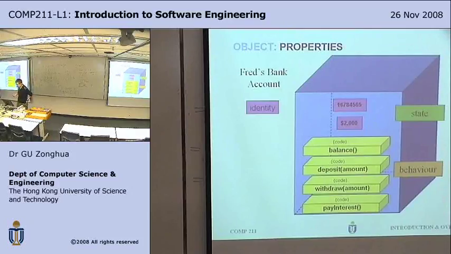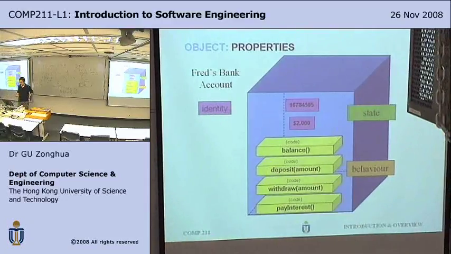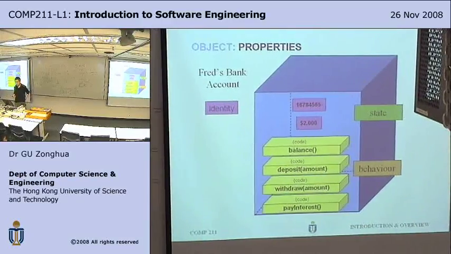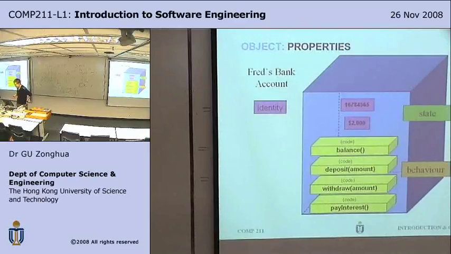So operations interface is what the object can do, but it's a list of operations. But the behavior is the actual how you invoke these operations at runtime. It can be a state machine, but for simpler objects, you don't have to have a state machine.